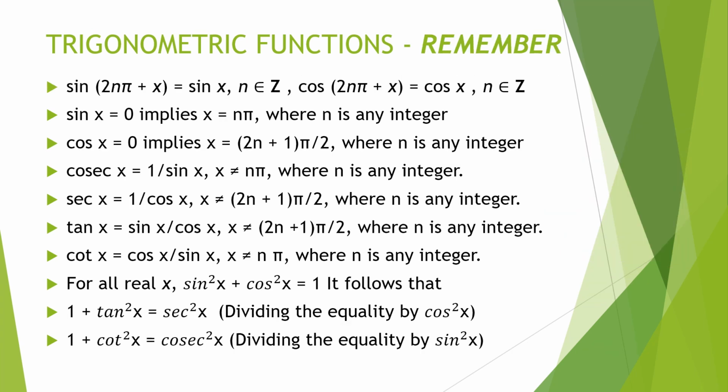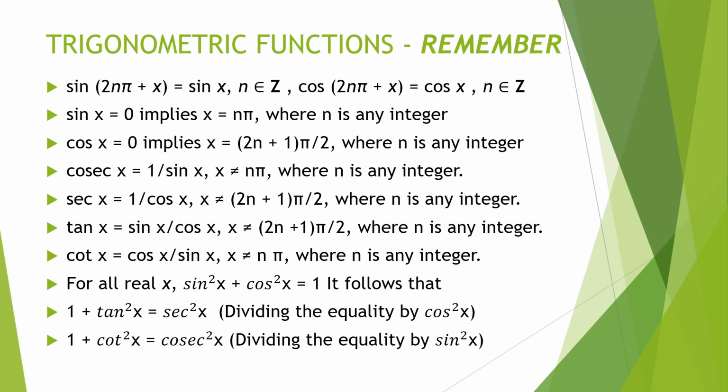Now some things which you need to note are sin of (2n pi plus x) is equal to sin x for any integer n. That means n can take any negative, 0 or positive values. For example, if n is 0, sin x is sin x. If n is 1, sin of (2 pi plus x).